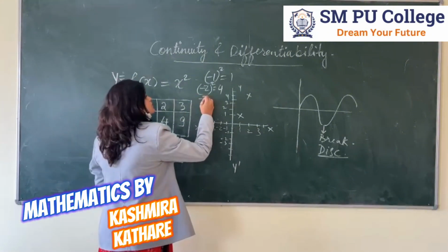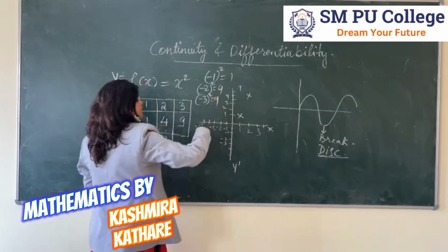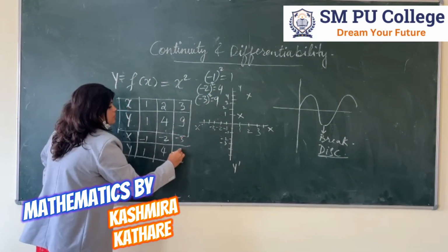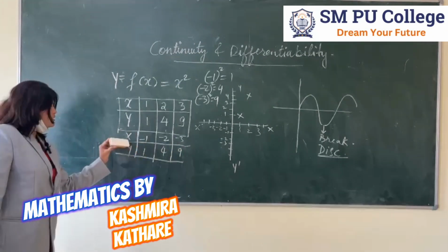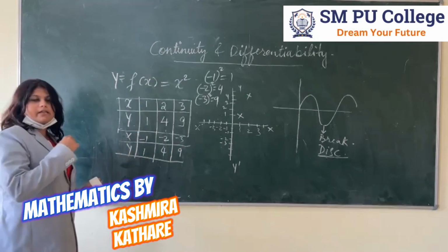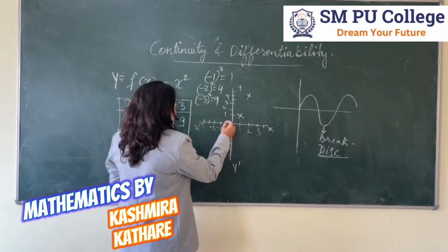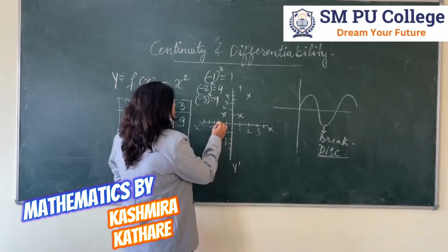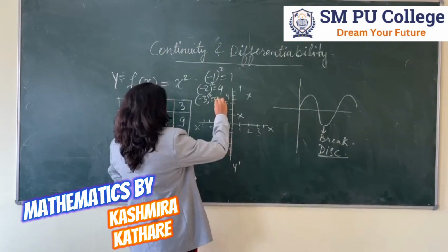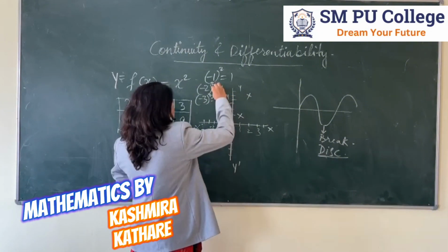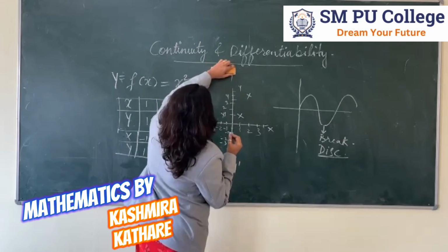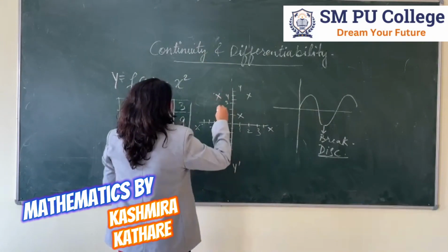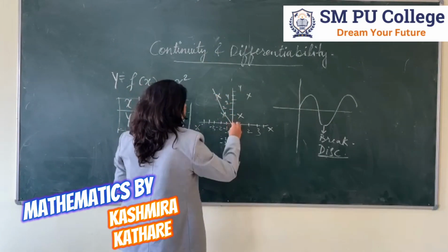If we take minus 3, the y value will be plus 9. The x values are negative, but the y value we are getting is positive. Minus 1 with plus 1, minus 2 with 4. So the graph is like this.